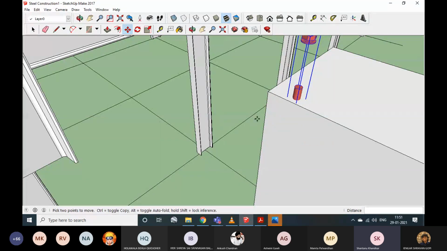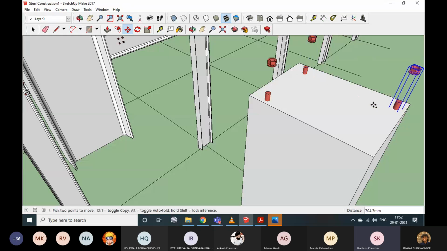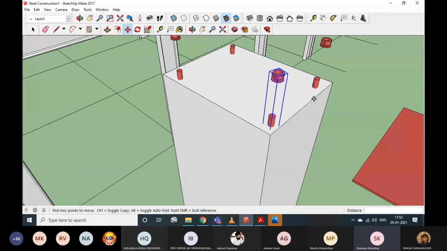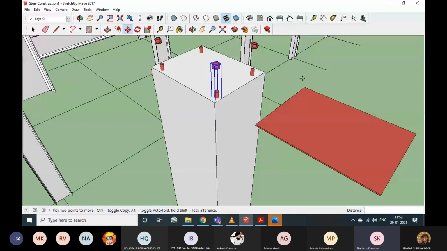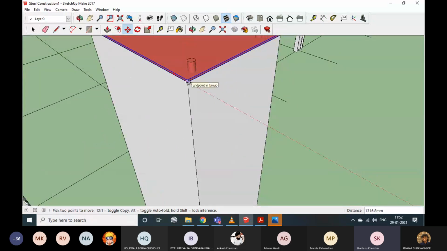I will have more of these along the different parts, so I might have one more like so. This is what it would look like. Now obviously I'm not talking about the grouting and stuff like that. I'm just trying to explain the basic idea. So this is what the column would look like when it's ready to receive my base plate. I would punch holes in this base plate over here, and then I would place the base plate at the required location.